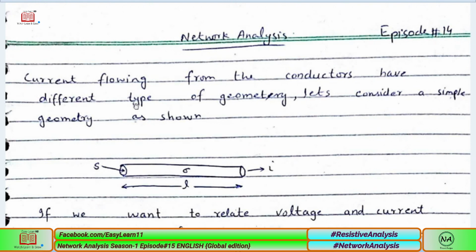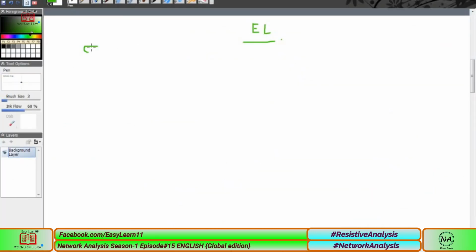For your information, I just want to recap the current density: J is equal to sigma E. This formula we already discussed in the previous episode. This is the lowercase Greek letter sigma, which is used for the conductivity of the substance.